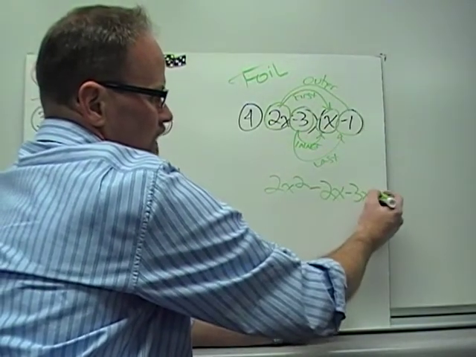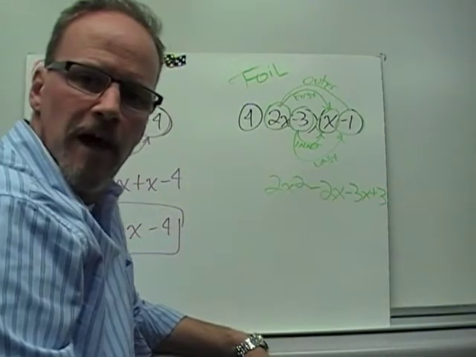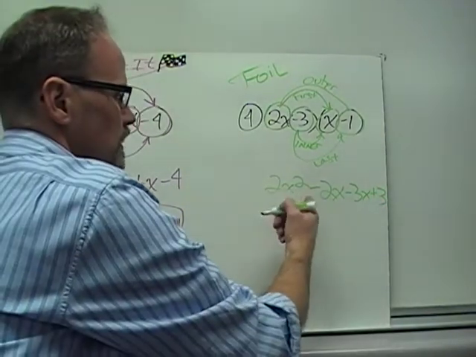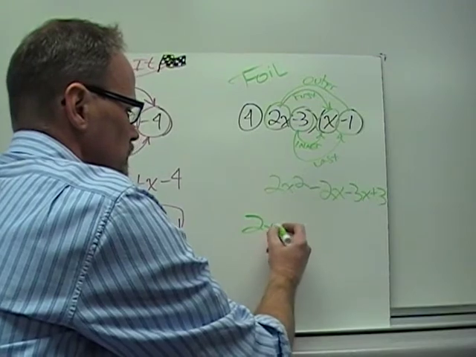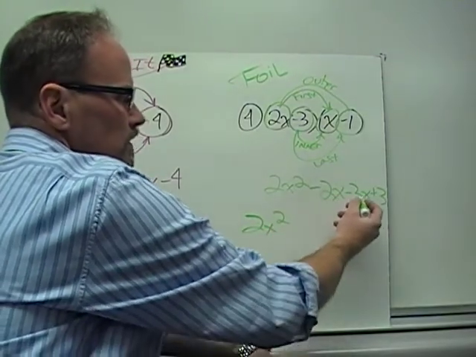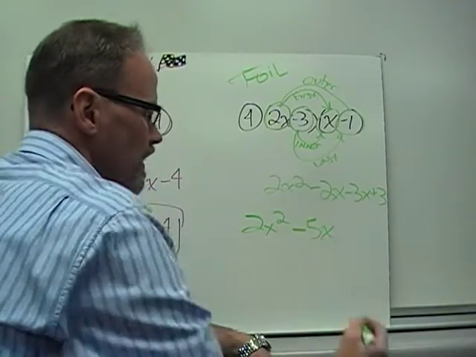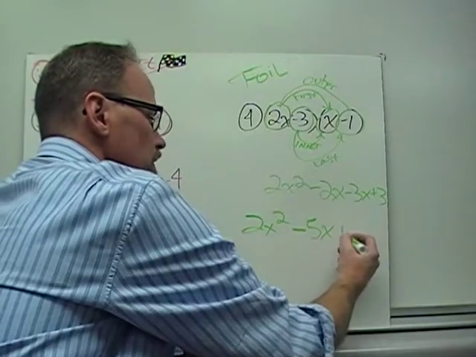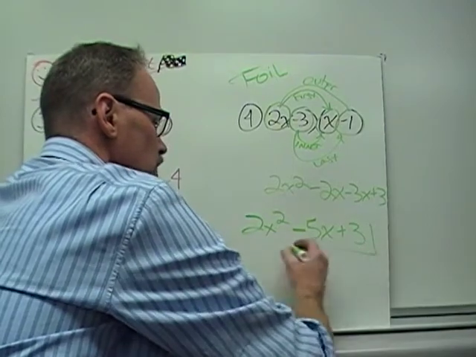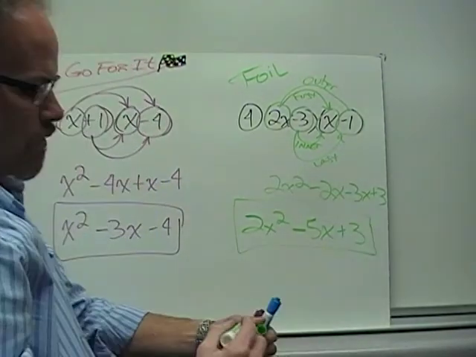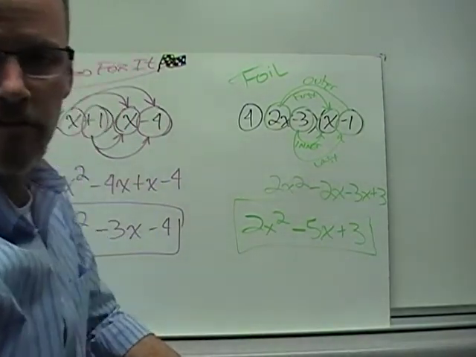And a positive 3 on the end. Combine like terms. What do we got? 2x squared. Negative 2x and a negative 3x? Wow, my goodness, we just keep going in the hole with that. Going down farther. And we are done. 2x squared minus 5x plus 3.